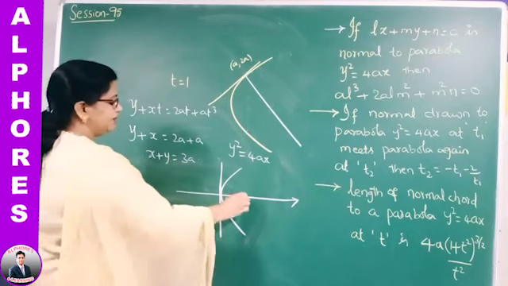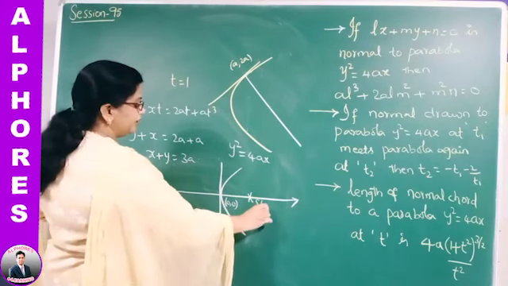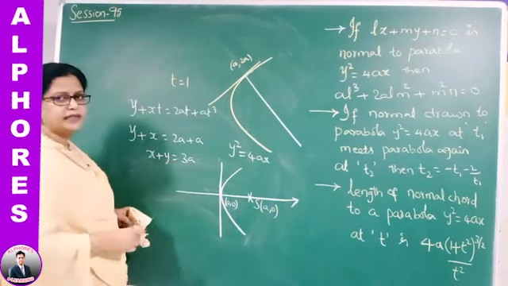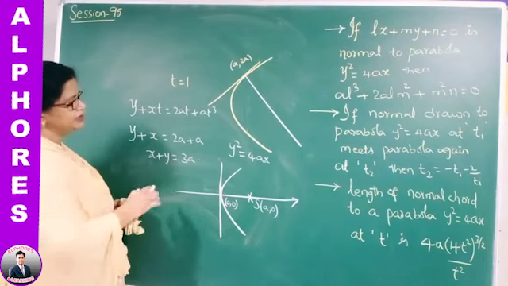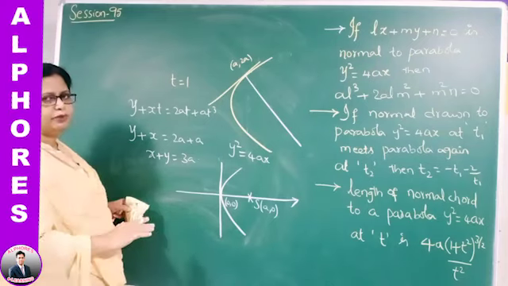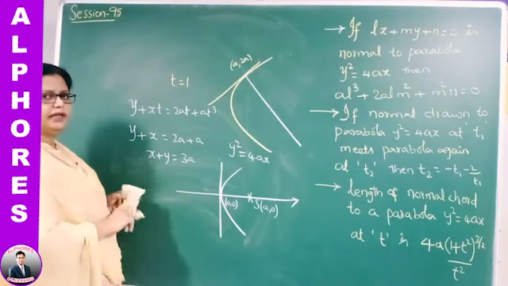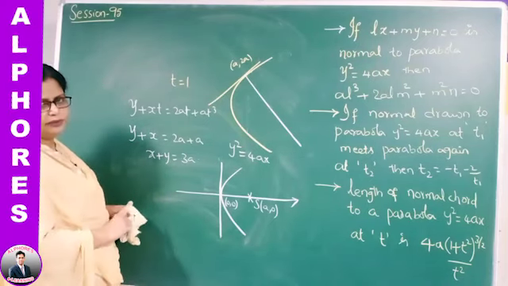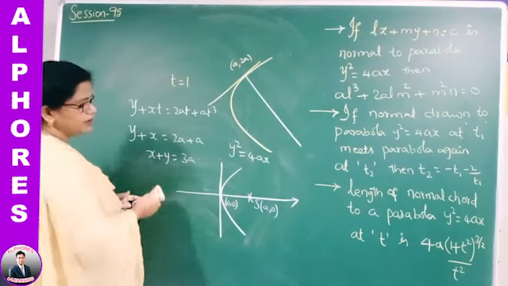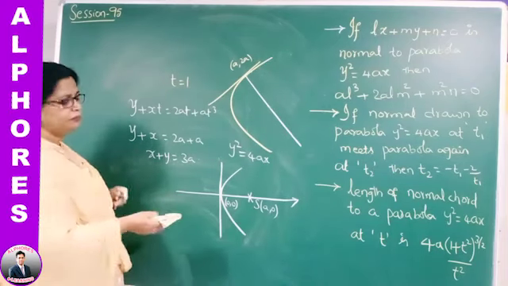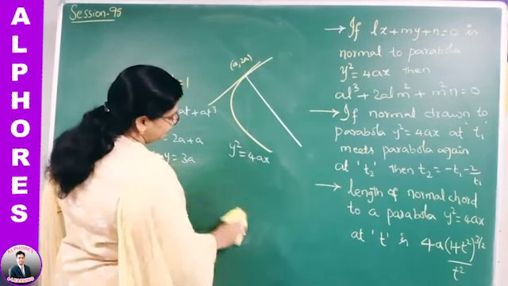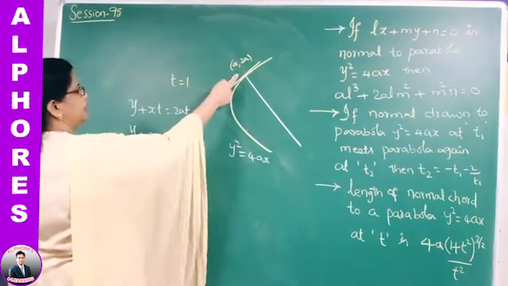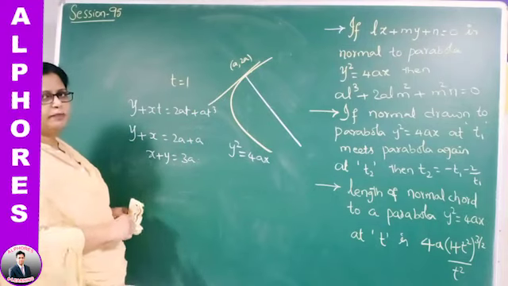So there exists one and only one normal that can pass through the focus of the parabola. Whatever oblique case it is, this is a very clear point, that there exists one and only one normal which can pass through focus, and that is nothing but the axis of the parabola. Therefore, whenever at one end you take the normal, it cannot pass through focus.